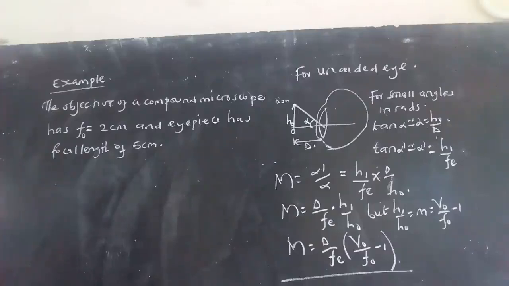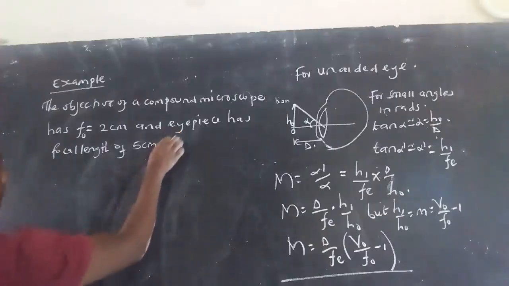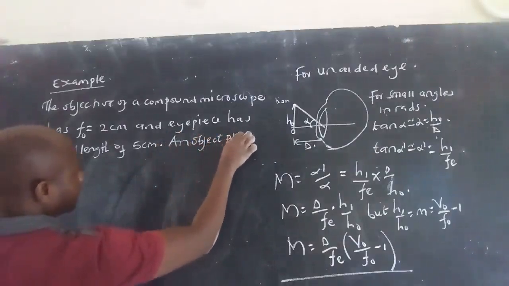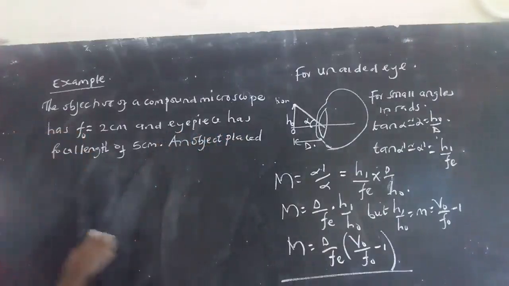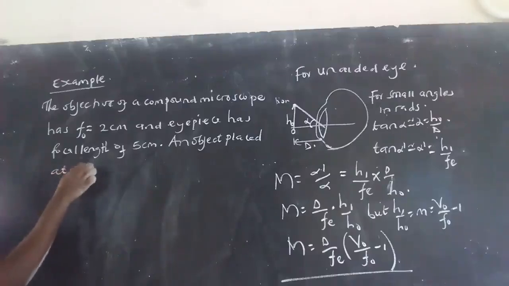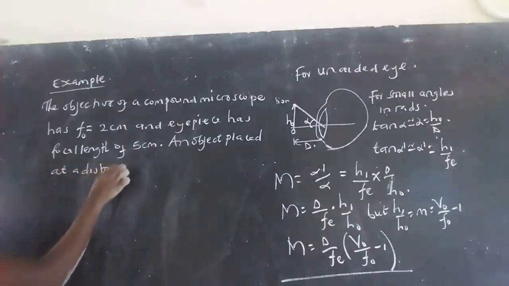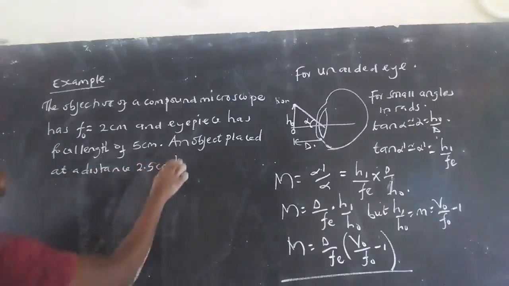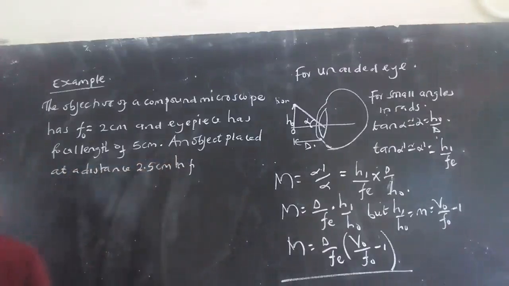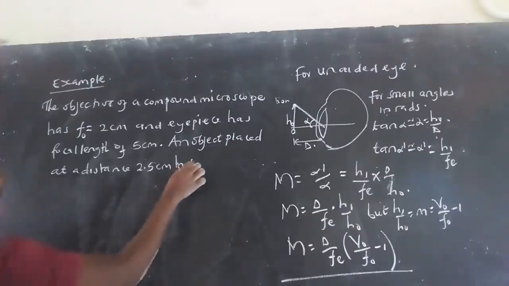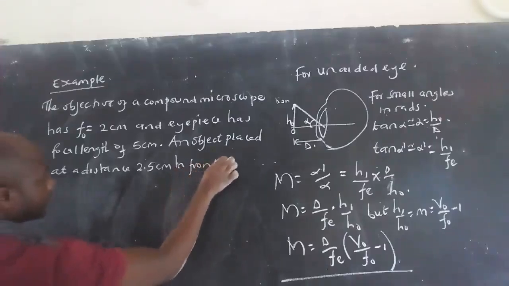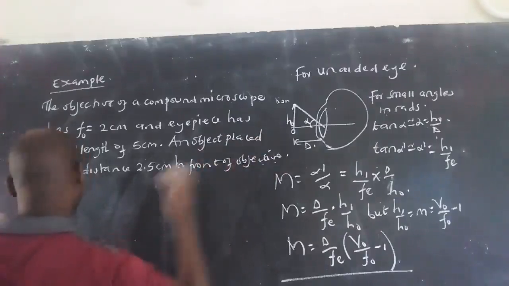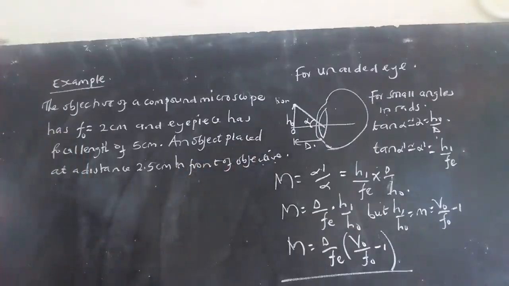Then we say an object is placed at a distance of 2.5 centimeters in front of the objective.